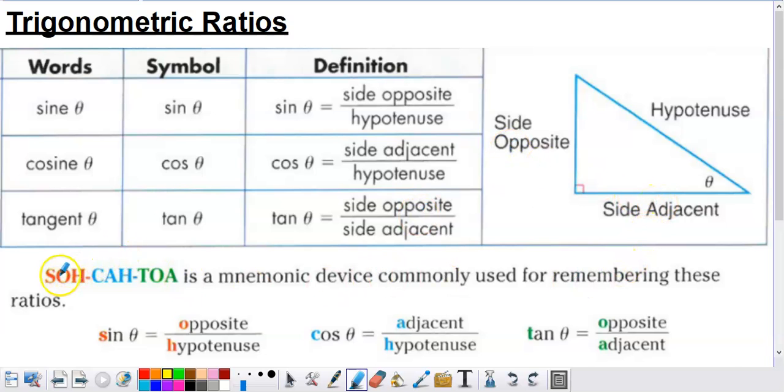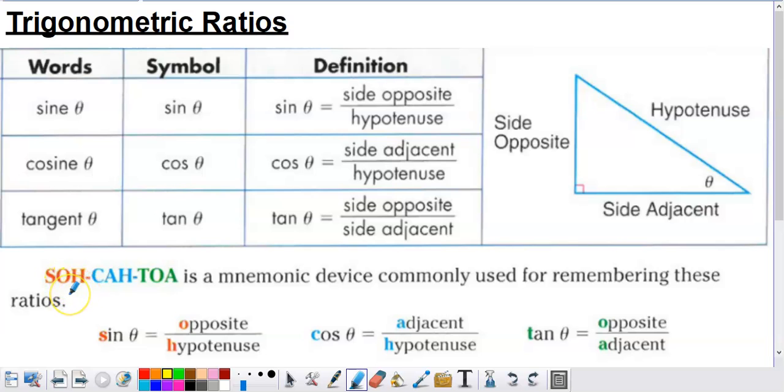Now, this right here is something that, if you were introduced to it in a geometry course, you've probably done some work with. Sohcahtoa is a nice little way, if you remember the spelling of it, to remember all of these definitions without having to literally memorize what's listed here.